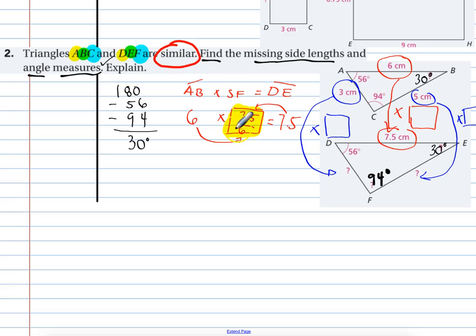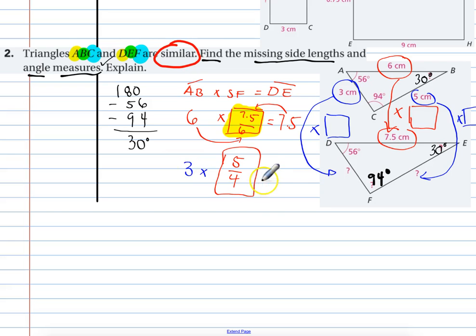If I divide this by 1.5 and this one by 1.5, I think I can get 5 over 4. So we can make 5/4 our scale factor. That's the number that we want to multiply by to get all of our missing numbers. So let's start off with our 3.